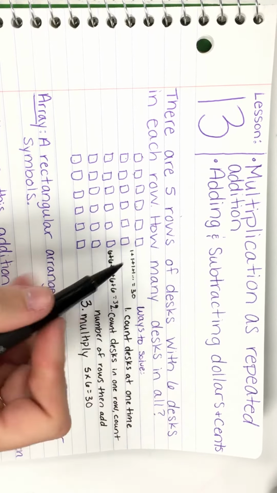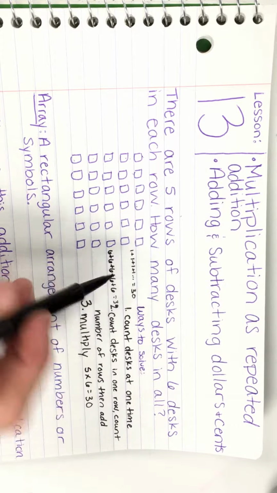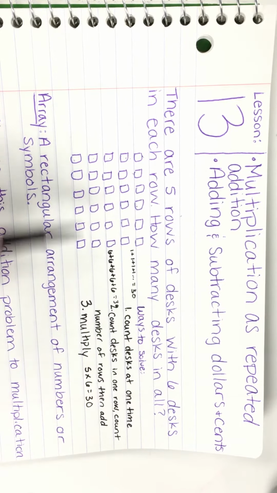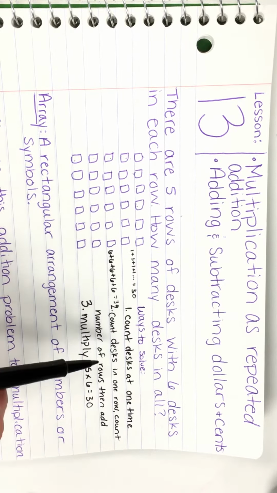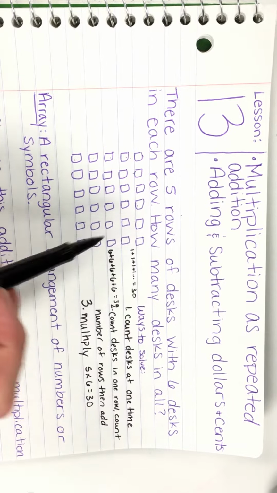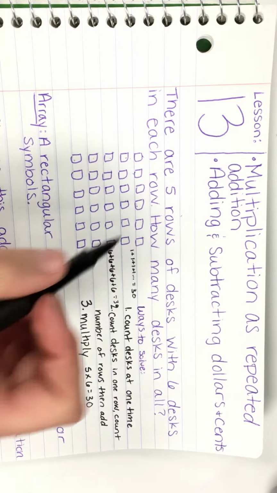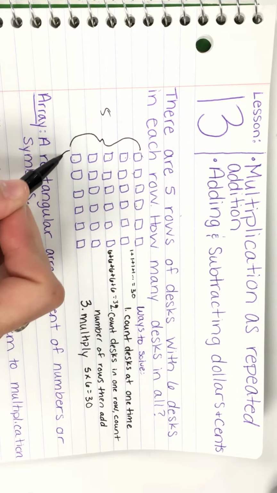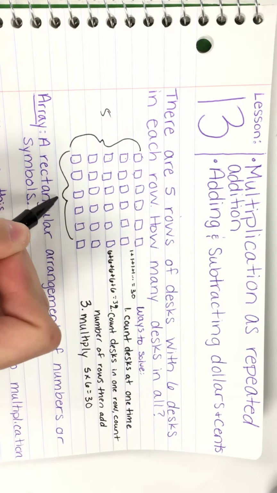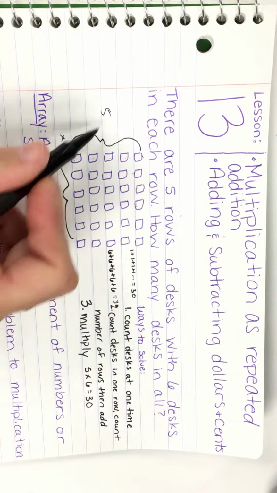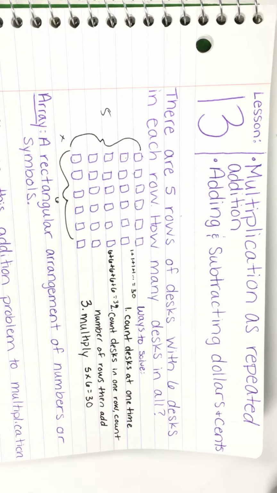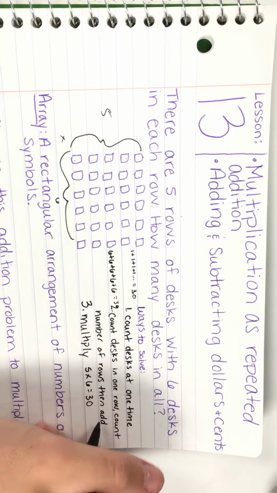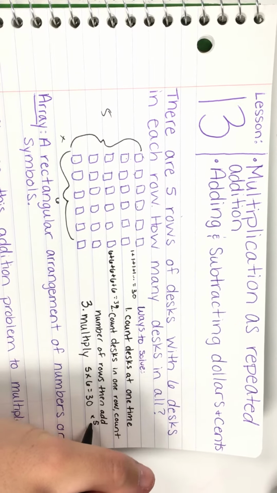If you knew there were 5 rows, 1, 2, 3, 4, 5, you go 5, 10, 15, 20, 25, 30. That's like what you're doing here, counting them this way. So you'd say 5 by 6, and then you'd multiply 5 times 6 equals 30. And multiplication you could set up this way, or you can set up this way.